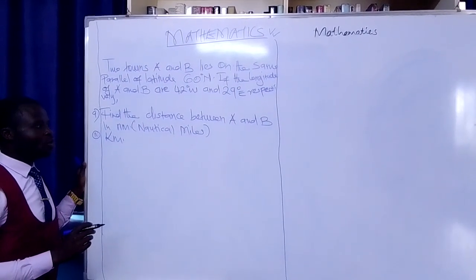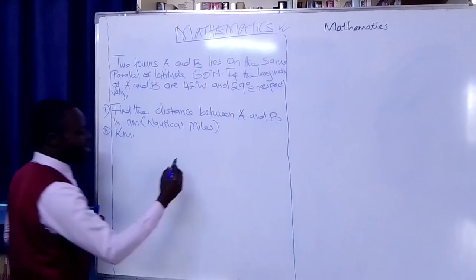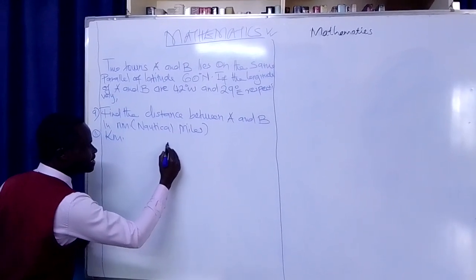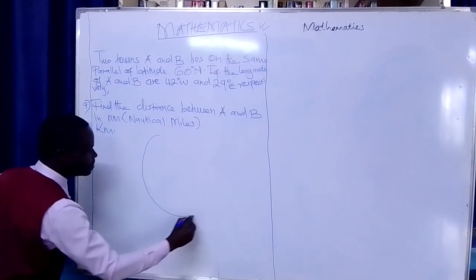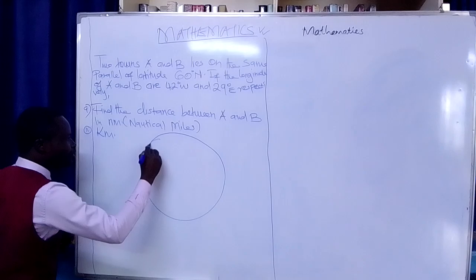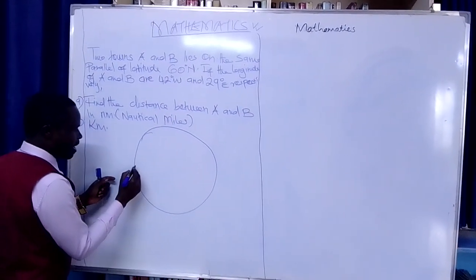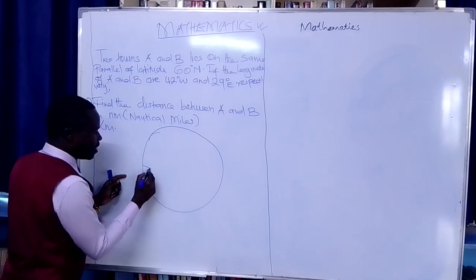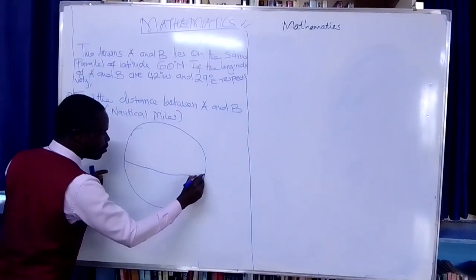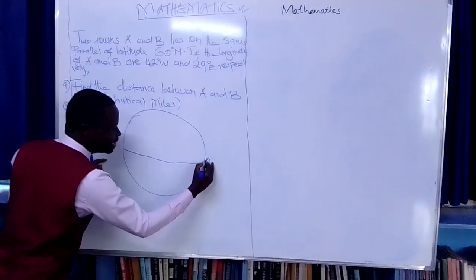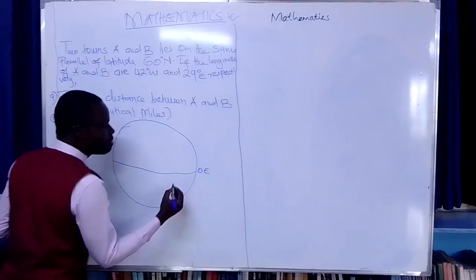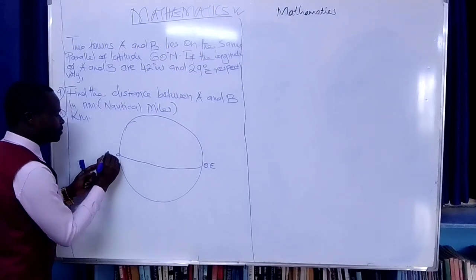It means we are going to draw the sphere of the earth, that is a circle like this. We have to first draw it like that. And remember, here we have a great circle, that is the equator, which is always marked at 0 degrees.